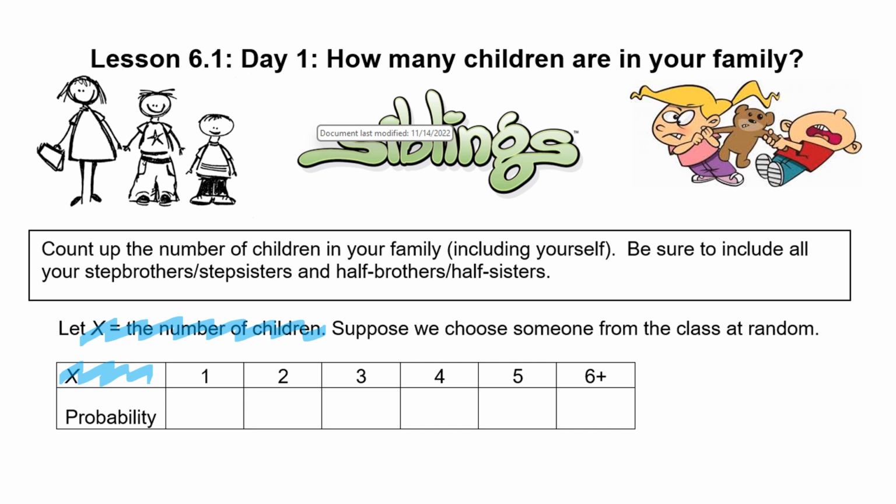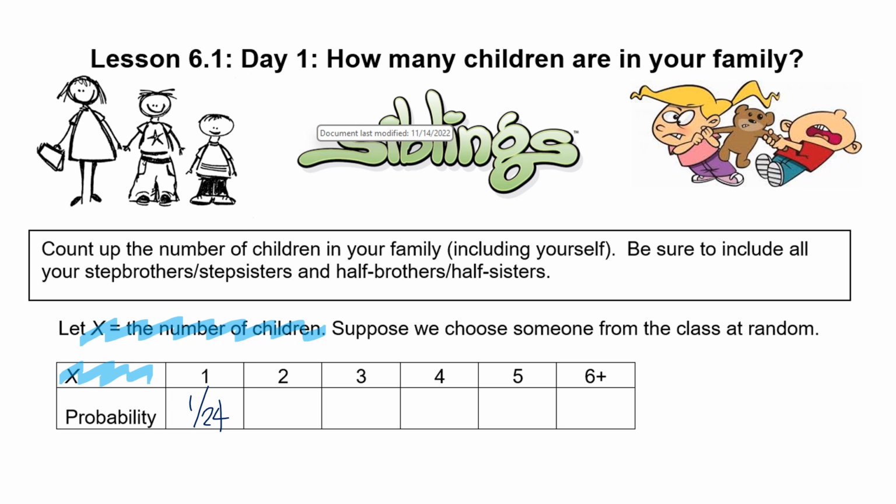So if we were trying to have X be the number of children and we wanted to choose someone from the class at random, last year, my numbers were so much smaller than they are now. Last year, I only had 1 out of 24 students say that they were an only child.